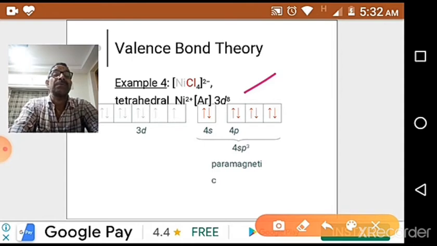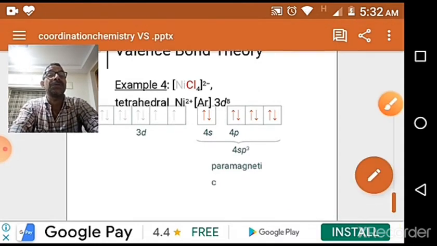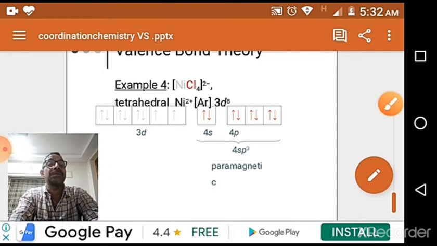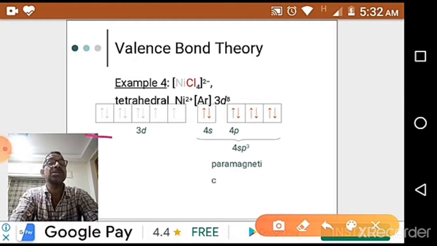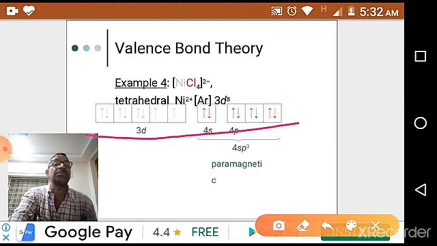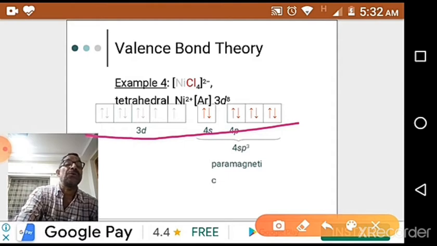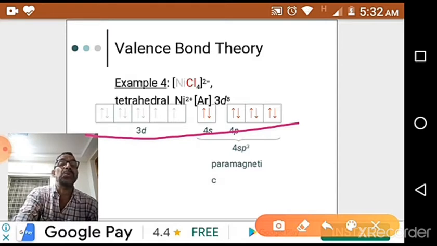So, this is the electron distribution, 4s2 3d8.